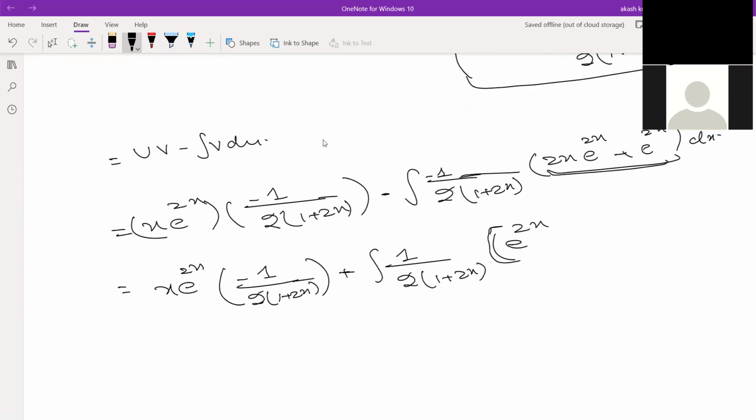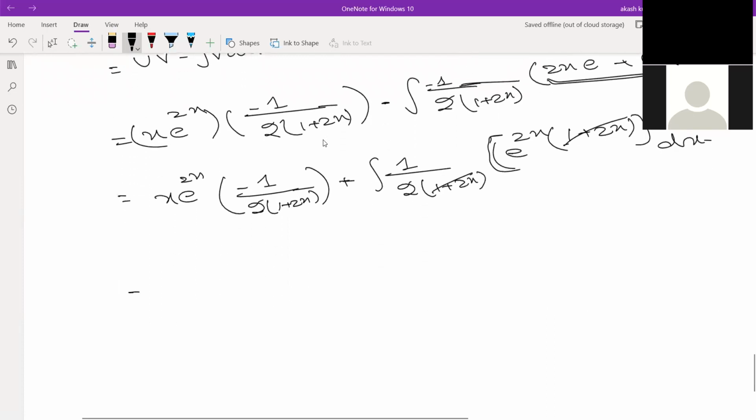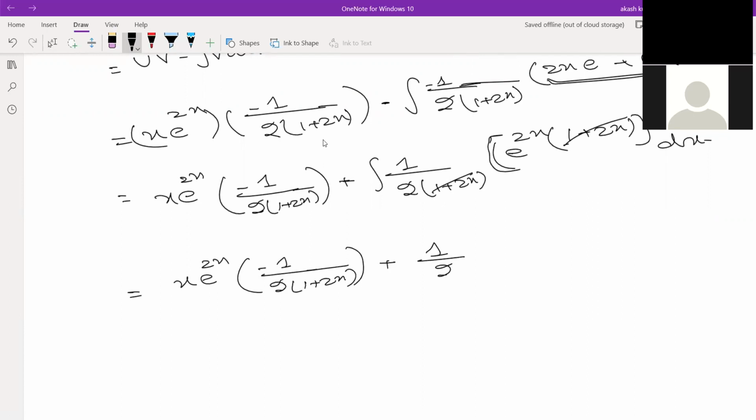Yes, and inside is left only 1 plus 2x, right? So 1 plus 2x cancels out with 1 plus 2x, and we have x e raised to the 2x minus half over 1 plus 2x plus half integral of e raised to the power 2x dx. This is what is left.